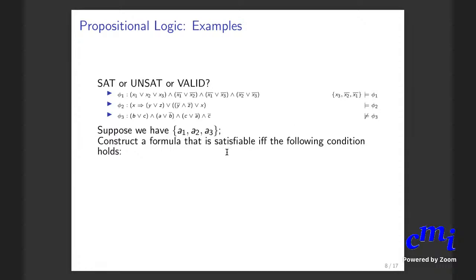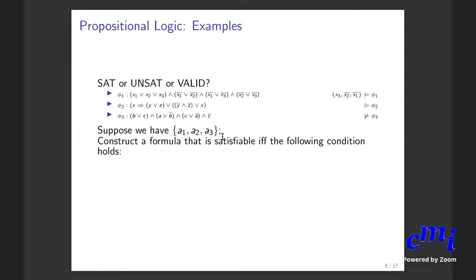Now I want to move to using logic as a modeling device to construct formulas that model scenarios of the kind that we saw in the first slide. That's important for this course, and that's what we'll be doing in verification. Specifically, we will be modeling neural networks, for which you need to get familiar with how you can use logic to model.